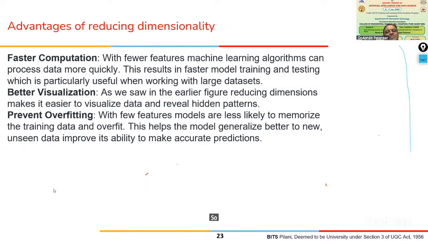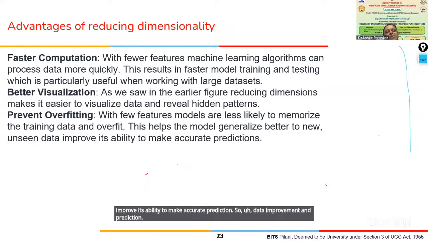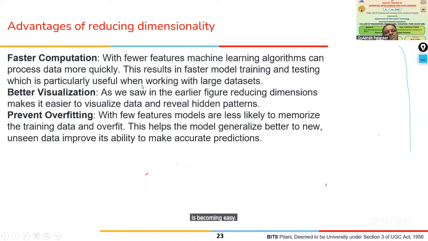So training data set and overfit. So this helps the model generalize better to new unseen data, and improves its ability to make accurate predictions. So prediction is becoming easy using dimensionality reduction.